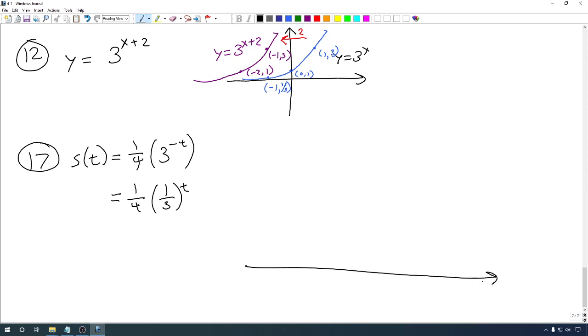This time I'm actually going to graph it a little bit bigger, because that 1/4 is going to make things small eventually. I'm going to start with some points. First of all, let's go ahead and label. We're going to have y equals 1/3 to the t power, or let's even just say to the x power. That's what we're graphing here. We definitely have a point of (0, 1). That's always going to be on an exponential function. I'll go ahead and graph what happens when I plug in 1. I just get a 1/3.